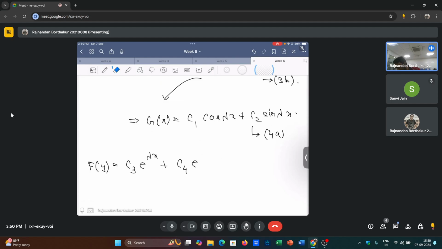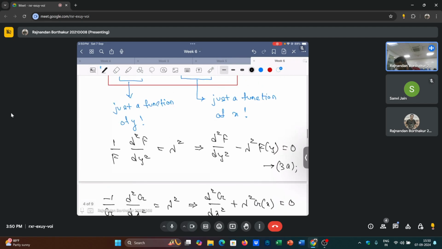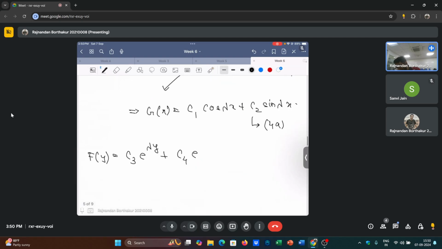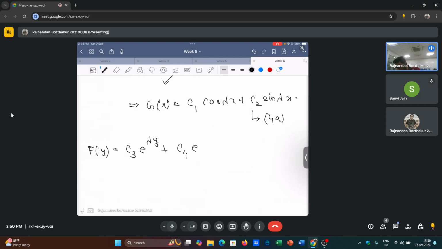Sorry, this would be y, because f of y is just a function of y. Basically, you are just solving this ODE. So we name this as 4b.